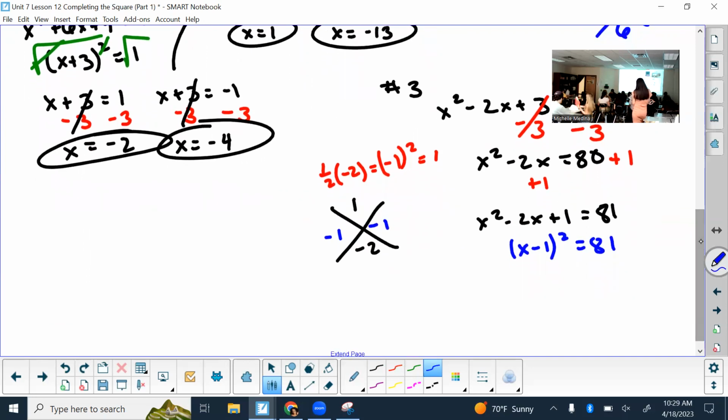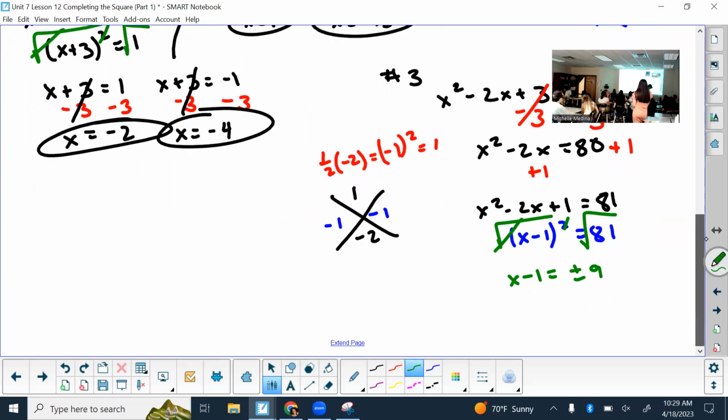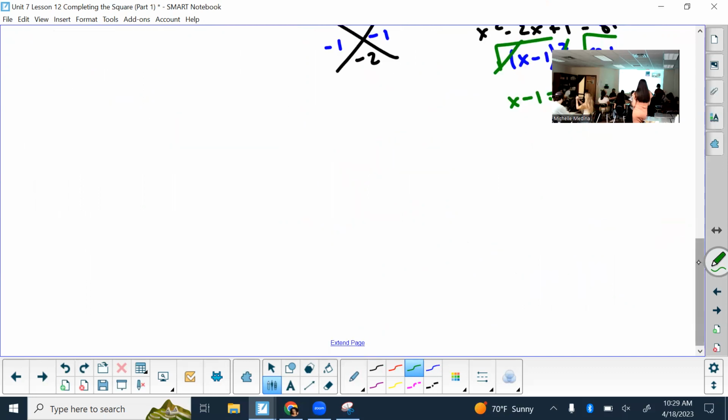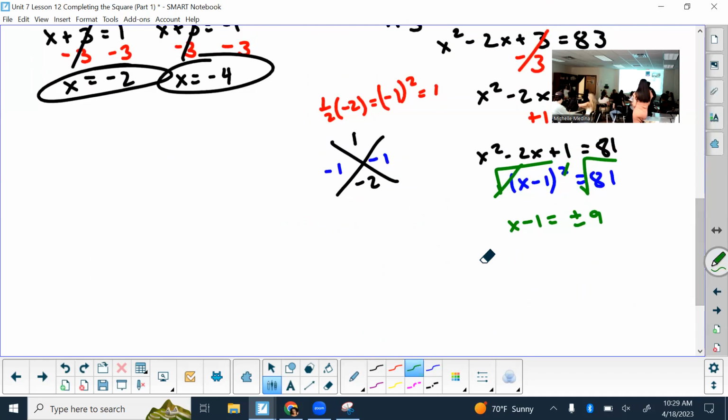So opposite of squaring something is, do that to both sides. The x minus 1 is alone. What's the square root of 81? Good, so that's why you have to solve for both cases. But yes, that's how we get there. Question? Okay.